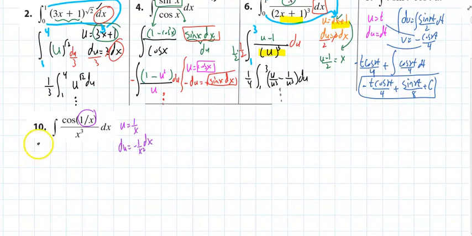Here I have to be a bit patient and work at this slowly. That's the cosine, and this is my u.